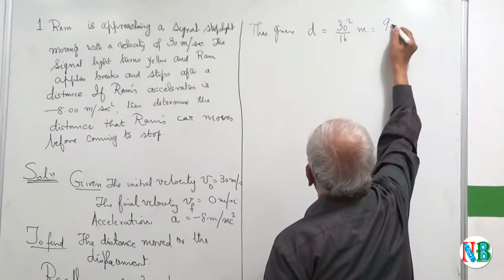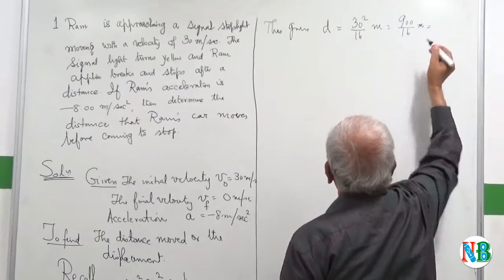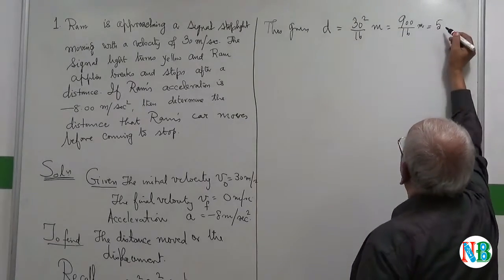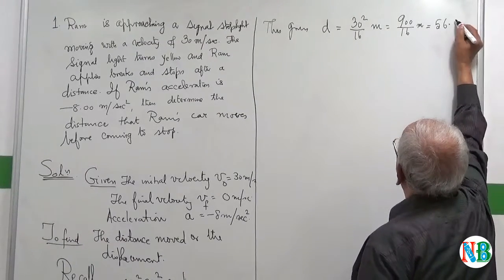That is 900 by 16, and that equals 56.25 meters.